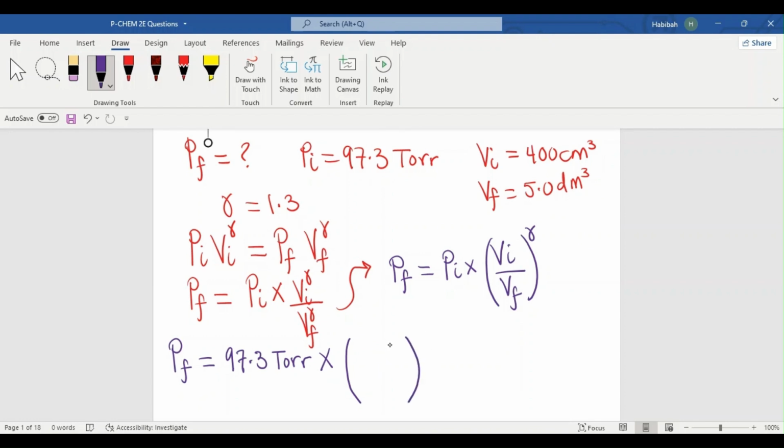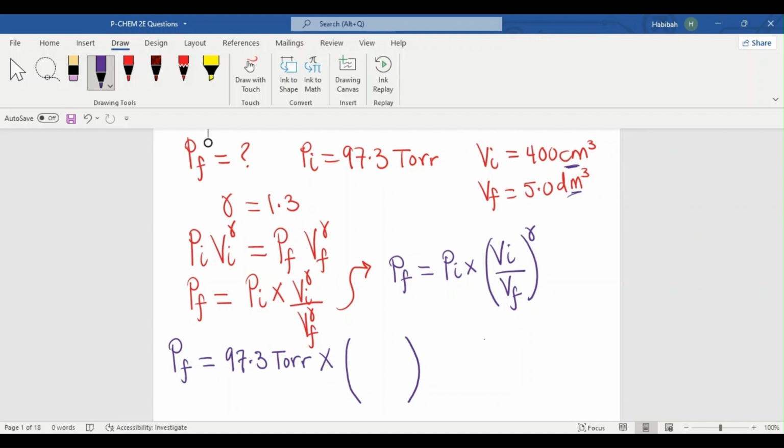You cannot multiply, add, subtract or divide values that have different units. Like you cannot cancel out the units for volume, cm cube and dm cube, except if you convert both of this information to the exact same unit. So meaning I have to either go from cm cube to dm cube, or make sure the units are all in cm cubed or all in dm cube, in order for me to proceed.